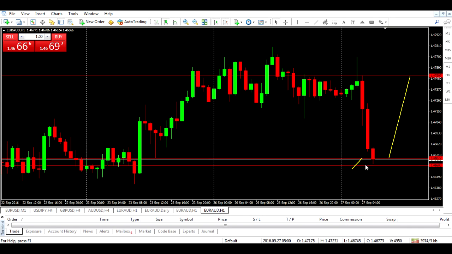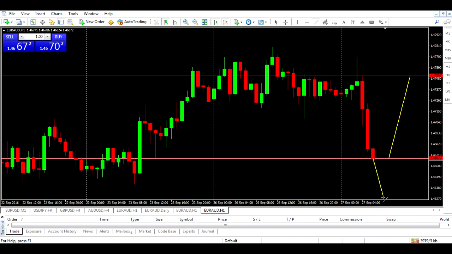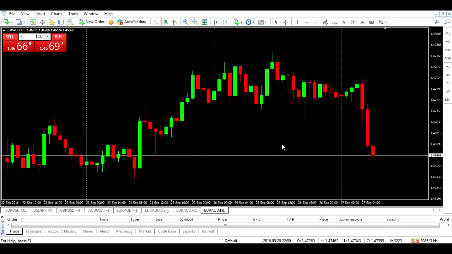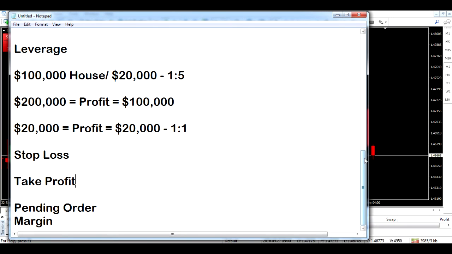When price hits my stop, it would close my trade and prevent me from losing more. Because if there is no stop and the trend continuously goes down, it would end up hitting my margin and closing my account. So that is the purpose of the stop loss and the take profit.